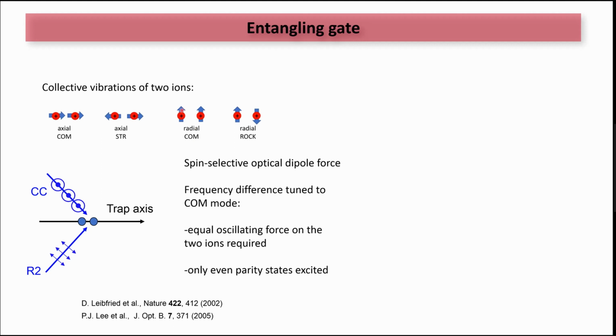So for example, if we want to excite this radial in-phase motion here, the force on the two ions is to point in the same direction, which means that also the spin has to be aligned in the same direction. Yeah? So only even parity spin configurations will be excited. So if we look at the harmonic oscillator mode in phase space, that's what we see here.